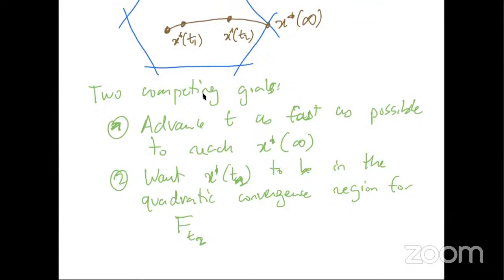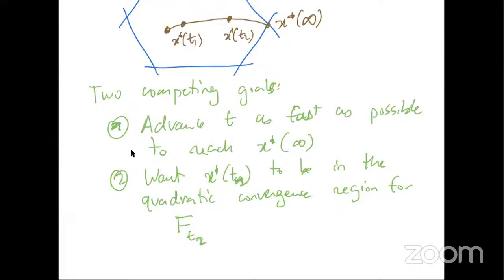There are two competing goals, and one has to do an analysis to understand exactly how fast I can increase t, such that my increase is not too slow, and such that going from t1 to t2, x star of t1 remains in the quadratic convergence region of x star of t2.